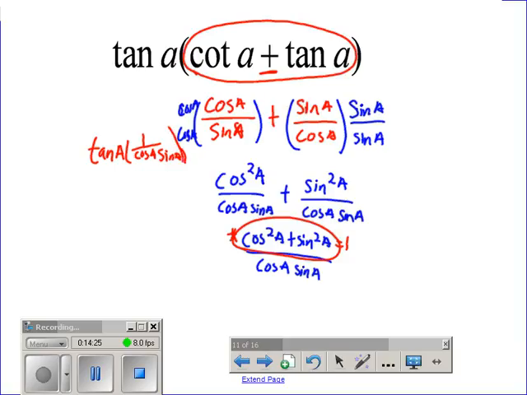Now we go back to our toolbox and try to figure out what I can do. The 1 over cosine A sine A is all in sines and cosines, so I might need to change the tangent.